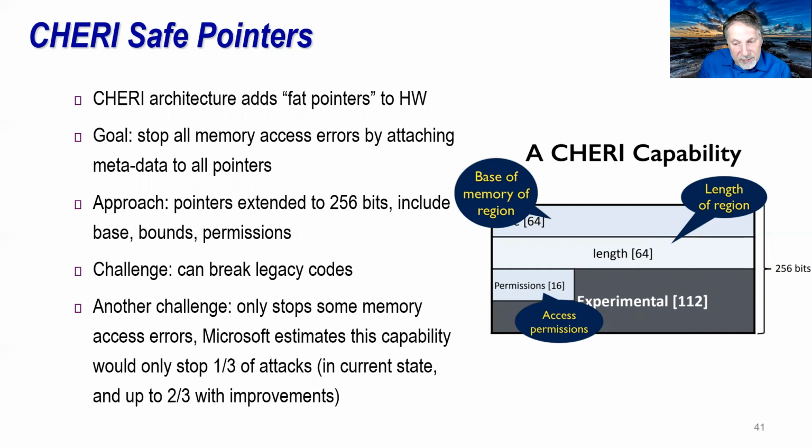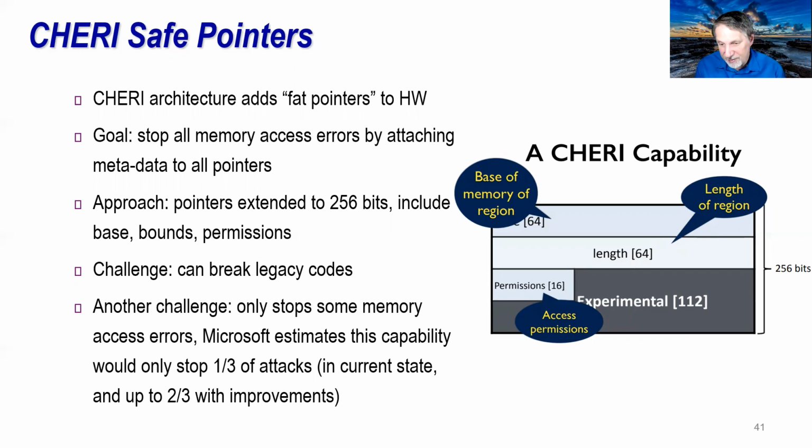They cannot randomly jump to a piece of code that is not their own. Really powerful capability, and it stops a lot of attacks. There are some challenges here. In particular, it can break legacy code. But it's a really powerful technology.